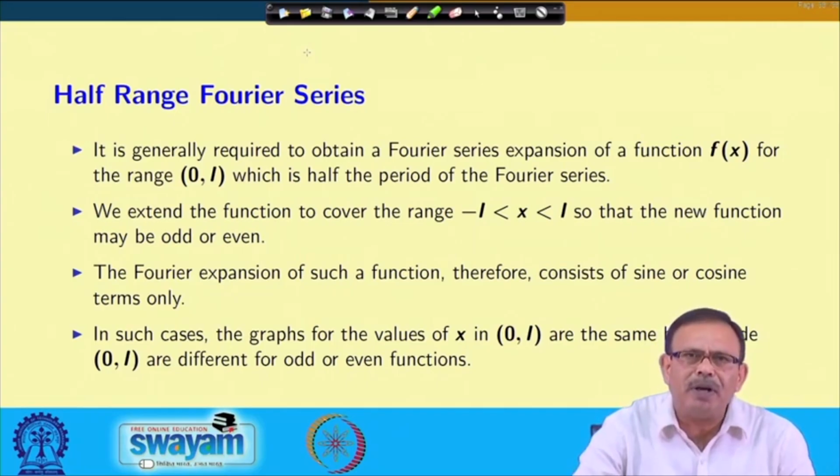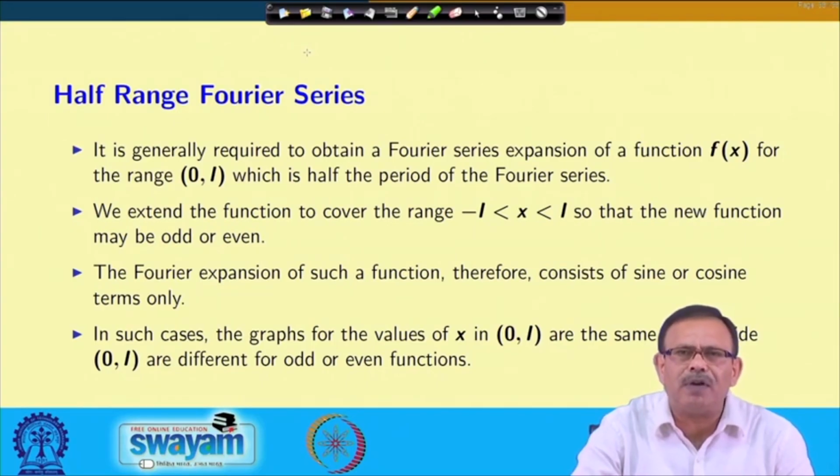So, the basic idea is whenever the function is defined in 0 to L, I will redefine the function in 0 to minus L also, so that the function is now defined in minus L to L, and while doing so I will do it in such a fashion that f x will be either an even function or an odd function.